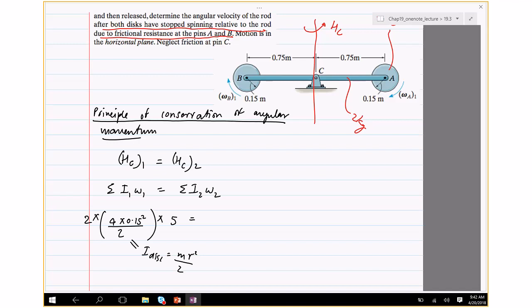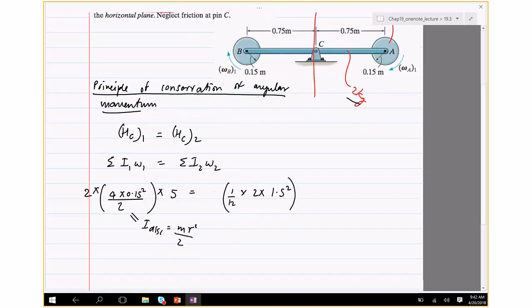So now we'll have to find inertia of the, first let's start with inertia of the rod. That's 1 divided by 12 times the mass, which is 2 kg, times the length, which is 0.75 and 0.75, 1.5 squared. This is I rod. Plus inertia of the disk, so it's half times 4 times 0.15 squared.